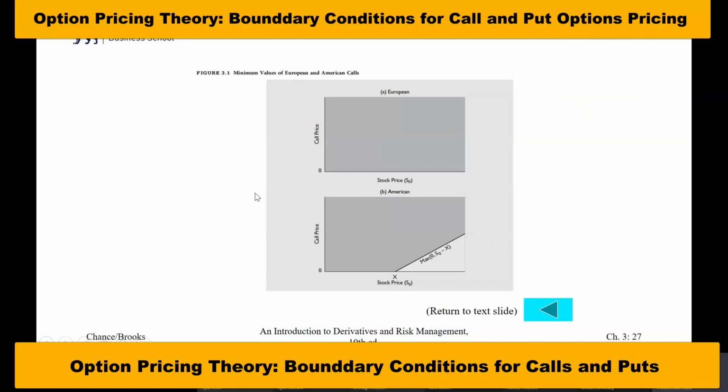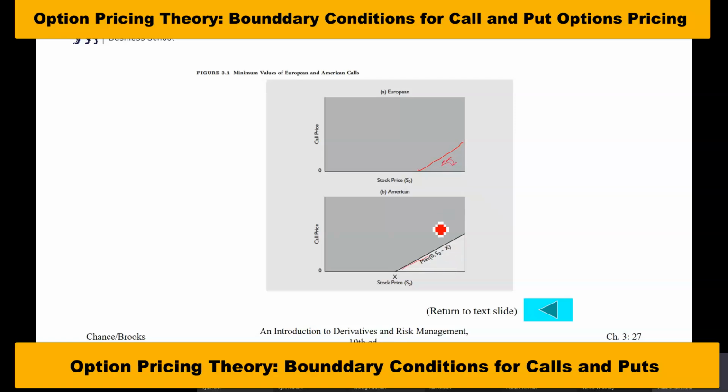Now have a look here. For a European call, the call price can be anywhere here. But for the American call, the price of the call cannot be below this level. A European call can trade at a price below this intrinsic value, because the intrinsic value concept is not applicable to a European call.